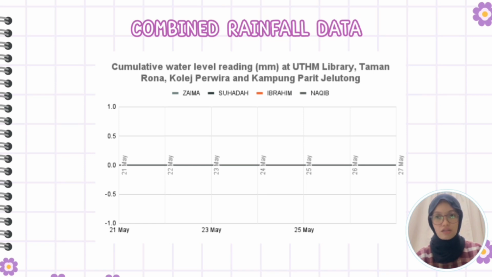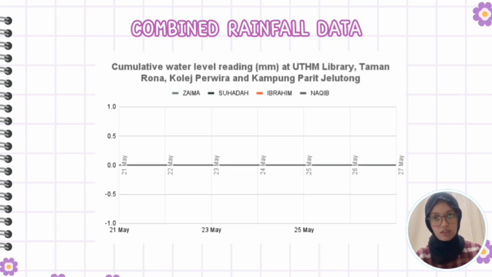This graph shows the cumulative water level readings in millimeters recorded at 4 different locations from 21 May to 27 May. Zaima was responsible for collecting data at the UTHM library, and I, Suhada, collected data at Tamarona. Ibrahim was in charge at College Perwira, and Nakib handled the readings at Kampung Parit Jelutong.